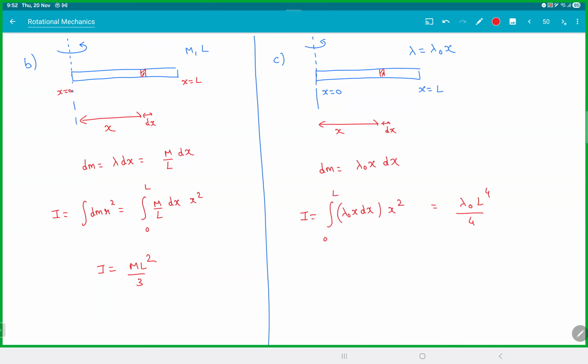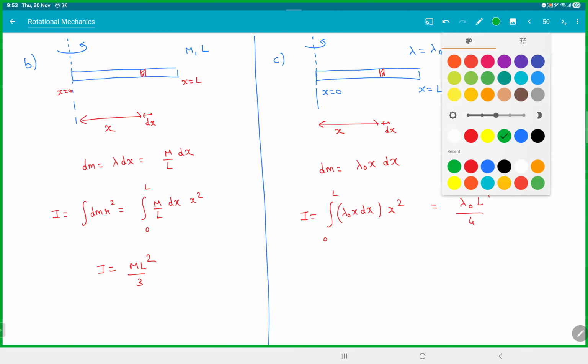Easy? Any doubts on this? Let's go ahead with more cases of this.